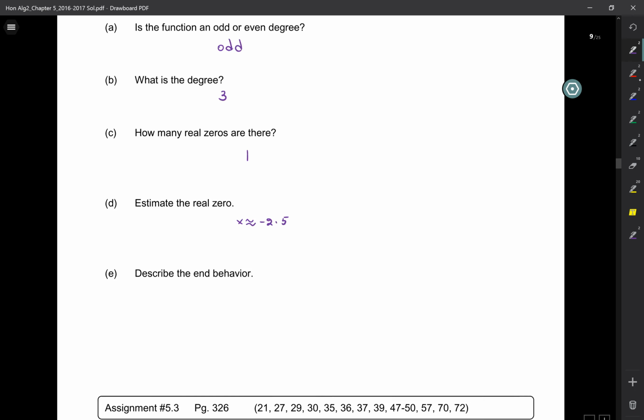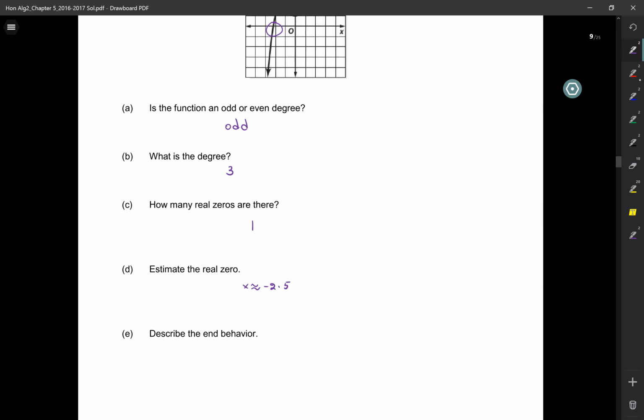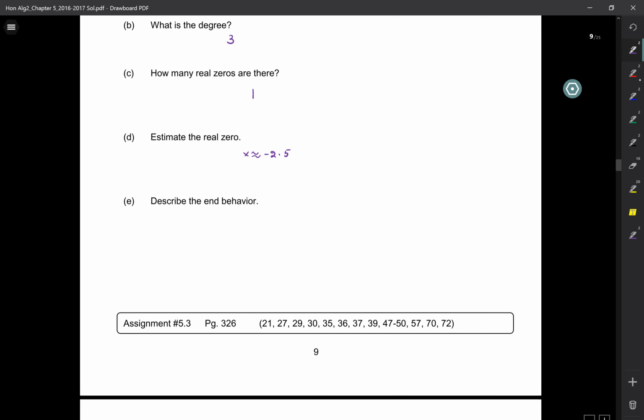Now to describe end behavior. What we do is this. As x approaches positive infinity, f of x approaches something, and we're going to fill that in. And then as x approaches negative infinity, f of x approaches something, and we're going to fill that in. So whenever you ask for end behavior, just write down this template, and then all that remains is the solution.